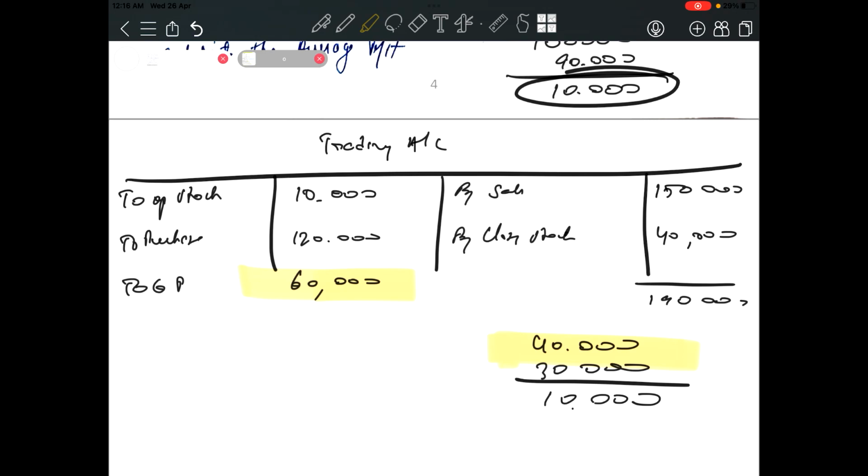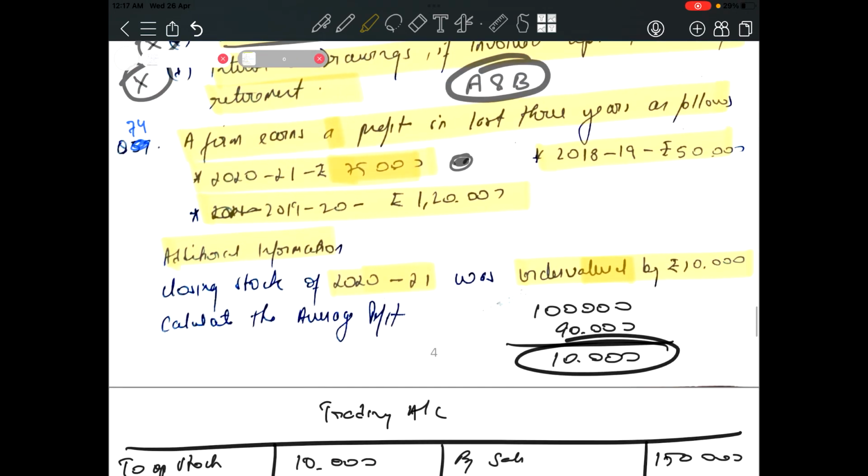Because of the undervaluation of my closing stock, the profit for 2021, which was 75,000, will increase by 10,000 when I add back the closing stock difference.